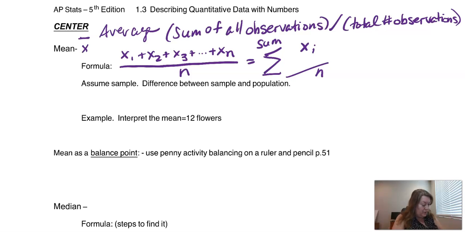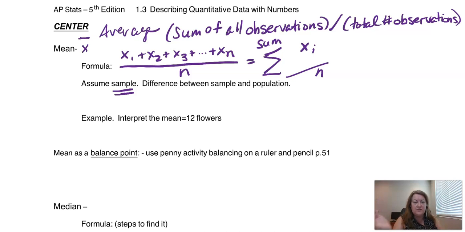We're going to assume this is a sample. Later, this will become more important, but we're looking at whether this number comes from a sample from a bigger group, or is it everything? When we think it's a sample from a bigger group, we use that x bar notation. We'll use a different notation when we're talking about the big population of everybody in the whole wide world.